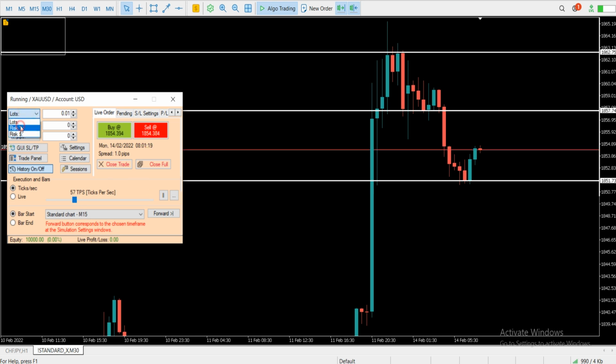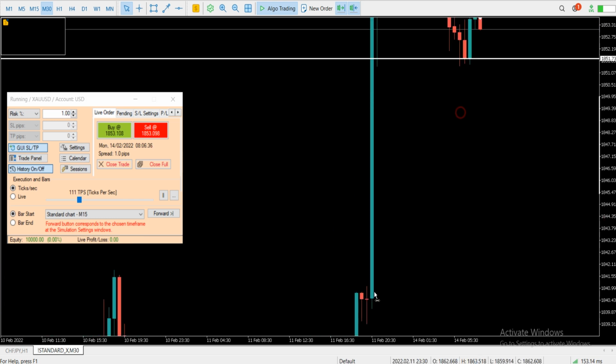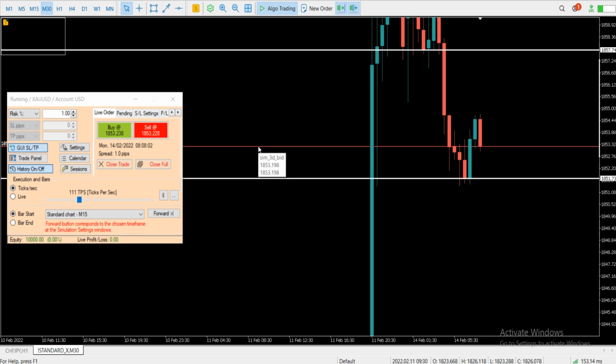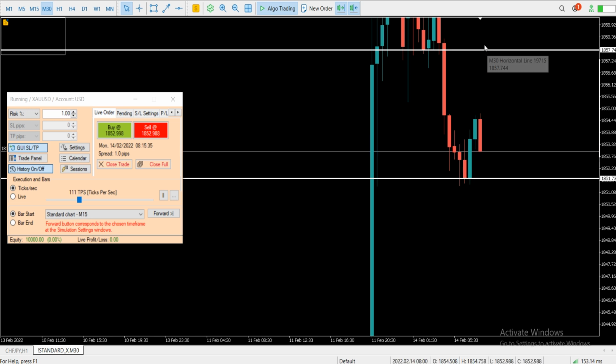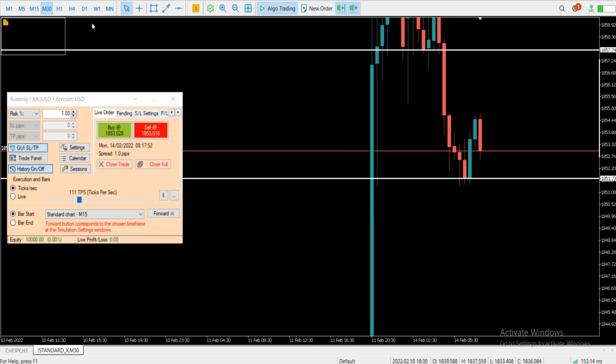Change the lots to risk, SLTP, and I think there's a very high chance price can go up and tap this level and then maybe continue pushing down. That's the idea, right?